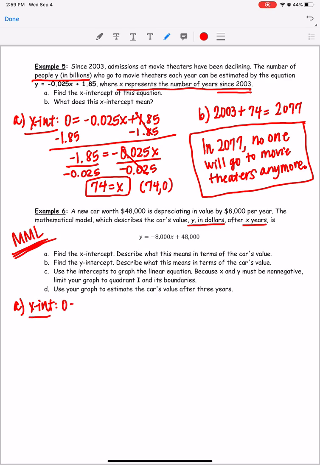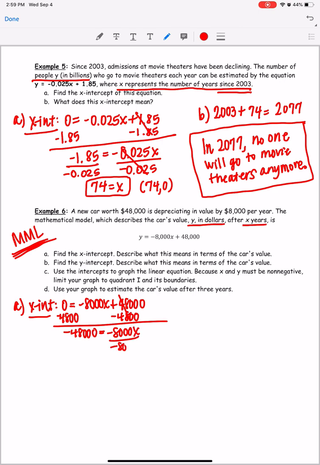So I've got 0 equals negative 8,000x plus 48,000. To get x by itself, we're going to subtract this 48,000 over. So I get negative 48,000 equals negative 8,000x.